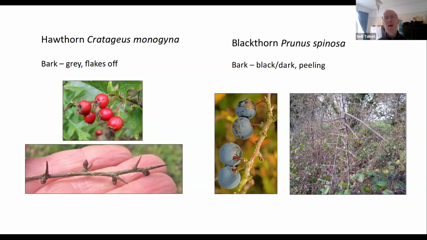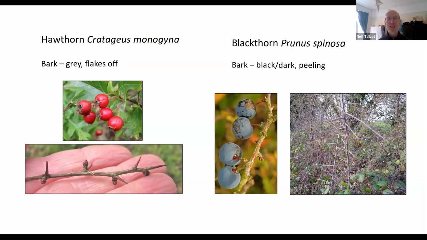But in the winter, you'll need to look at the twigs and spines and the bark and also the fruits, particularly.